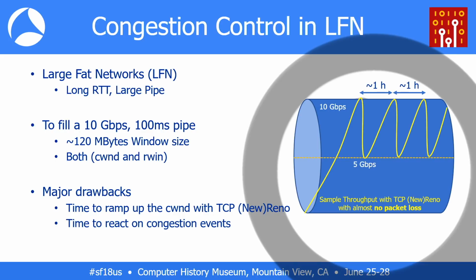The problem with that is, aside from the fact that this is quite a large window, and if something goes wrong there, we do have a problem, right? The problem here is that with TCP Reno or New Reno, the first ramp up, which would be the slow start, is pretty fast compared to what happens next. But then, when we reach the maximum bandwidth and we encounter packet loss, in best case, our congestion window goes down to half of the bandwidth before, which means we are back to 5 gigabits per second.